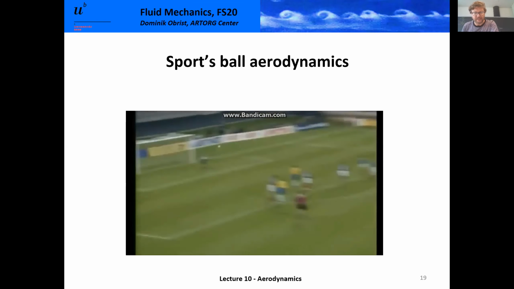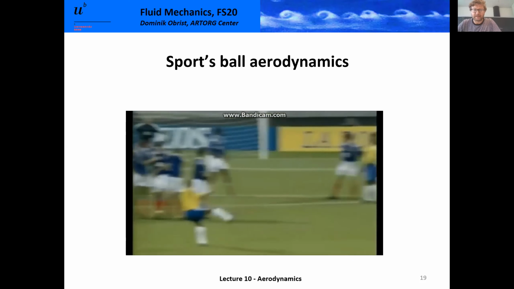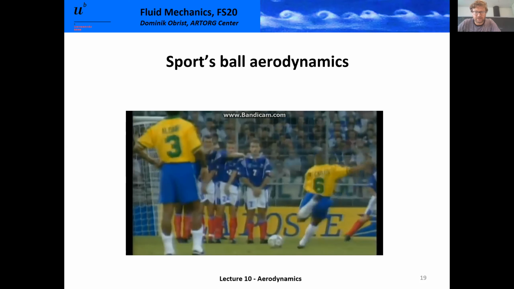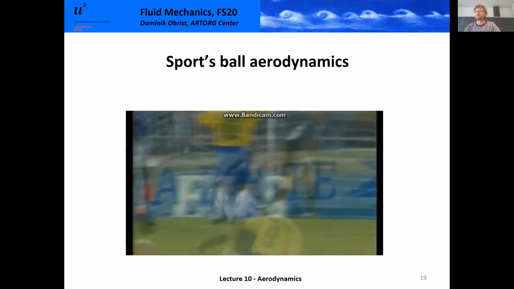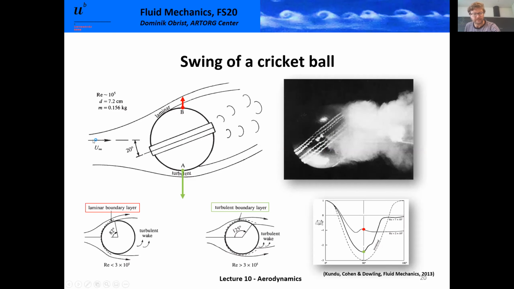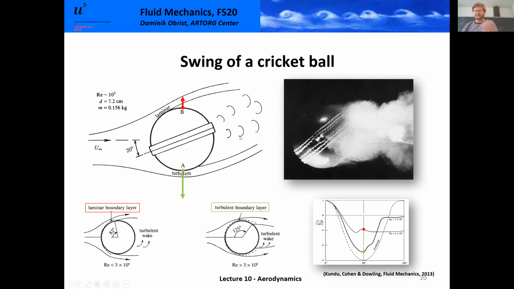I just want you to see how the ball is hit and how this ball makes a curve to the left. You can see it better in the next view. Now the ball is spinning and is curved to the left, massively curved to the left. And of course, this phenomenon is known, and many people are talking about this, the F in soccer play, and we can try to understand this.